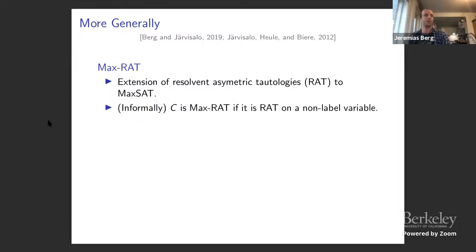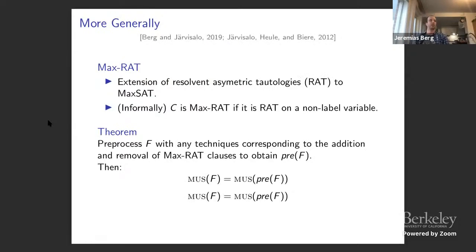And we showed that you can have this concept of a RAT clause for MaxSAT, where an informal way of saying the definition for those of you familiar with RAT clauses is that a clause has RAT in the MaxSAT sense if it has RAT in the SAT sense on a non-label variable.